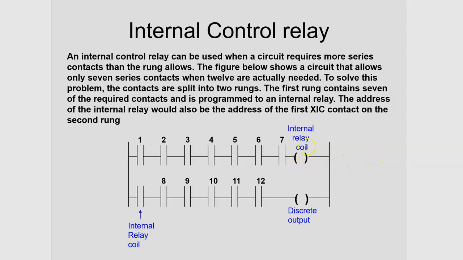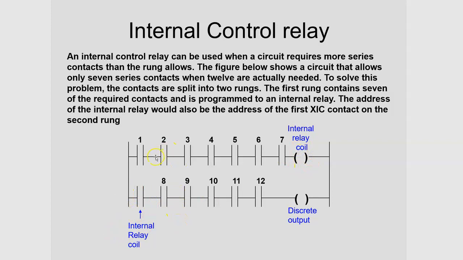As a matter of fact, if you look at it, internal relay coil, internal relay coil. What this is trying to show you is that the relay coil and this examine if closed instruction actually have the same address. I'm not using addresses here, but if you wanted to, you can give it an address and give this the same address.